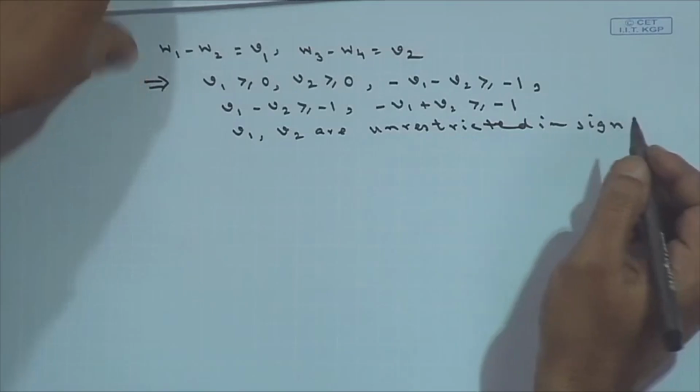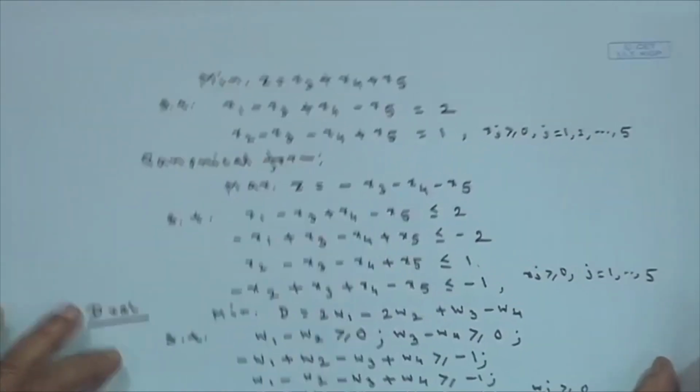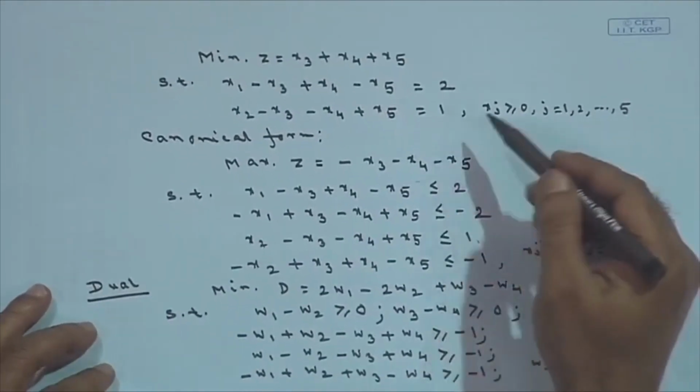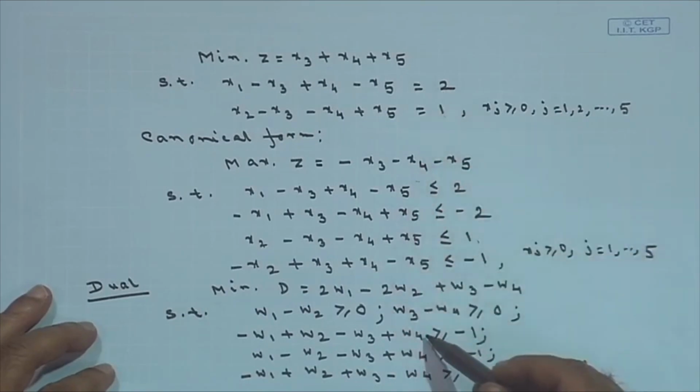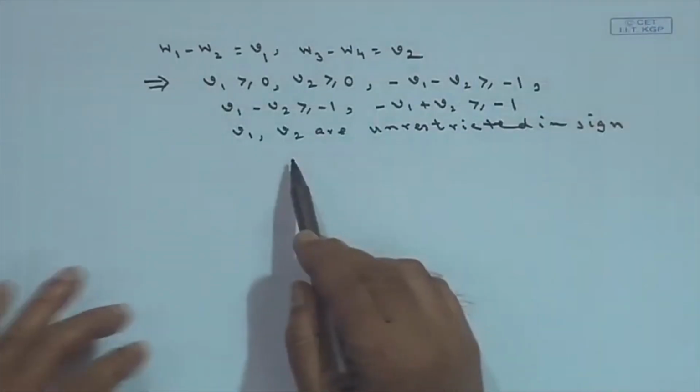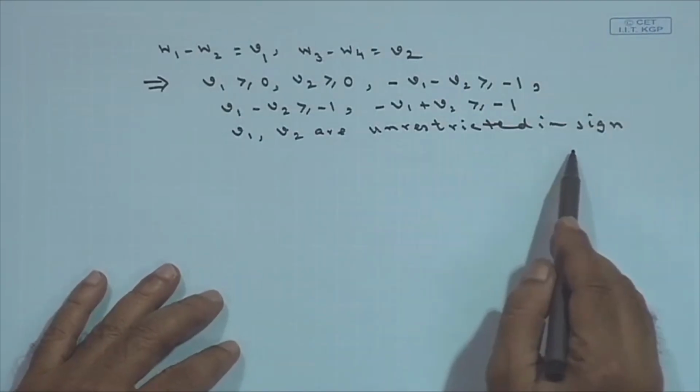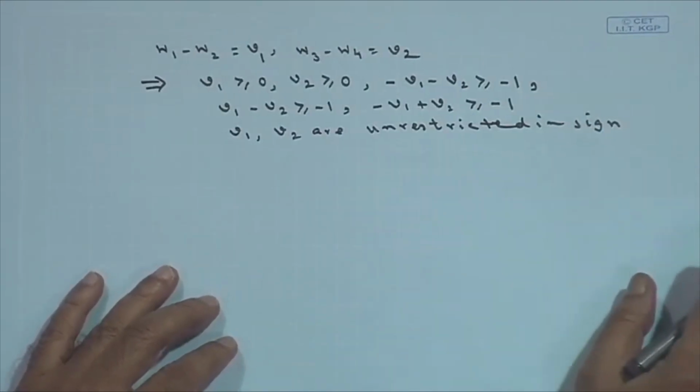So, if you remember, we have told originally there was a theorem that if I have two equality type of constraints, then in the dual problem there will be two variables which are unrestricted in sign. So, V1, V2 are unrestricted in sign, this we can tell.